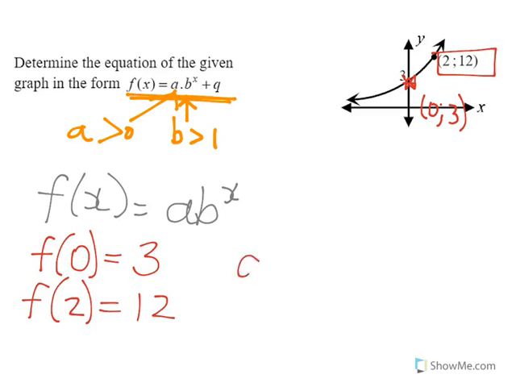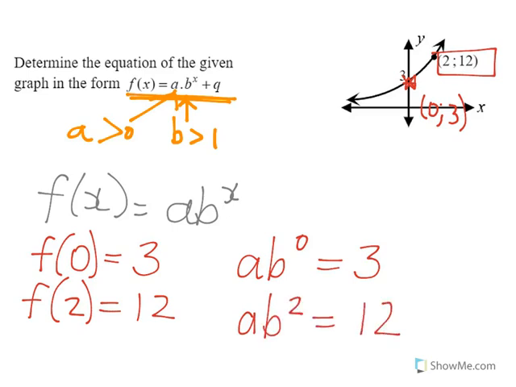So that means that a times b to the 0 is equal to 3. And a times b squared is equal to 12. This is actually a useful equation because b to the 0 is just 1. So this is telling me that a is equal to 3, which I can then substitute over here.